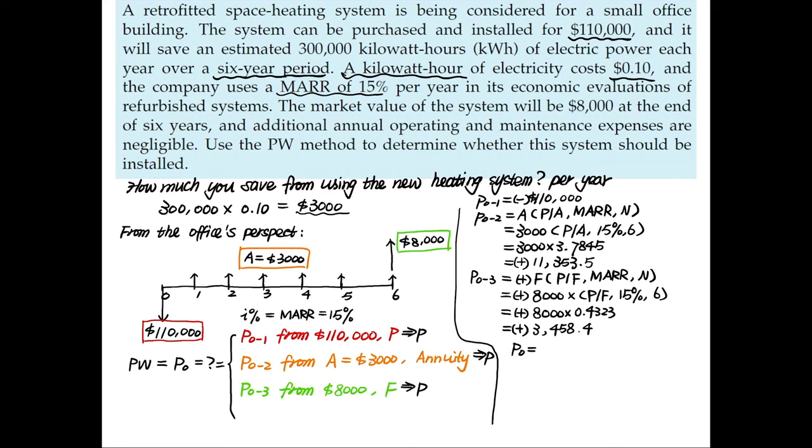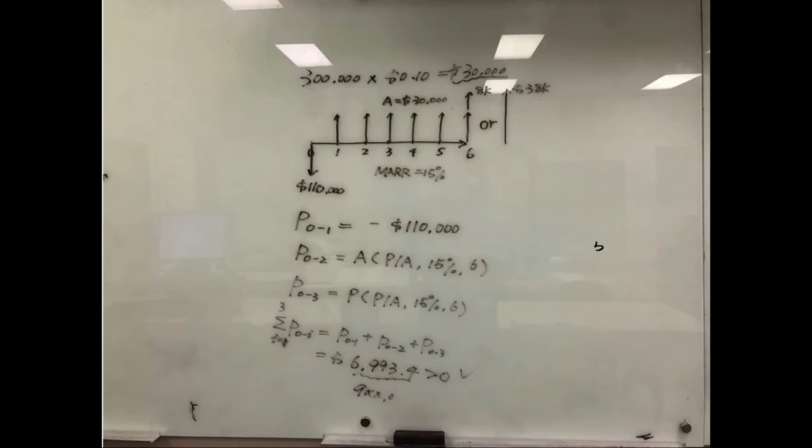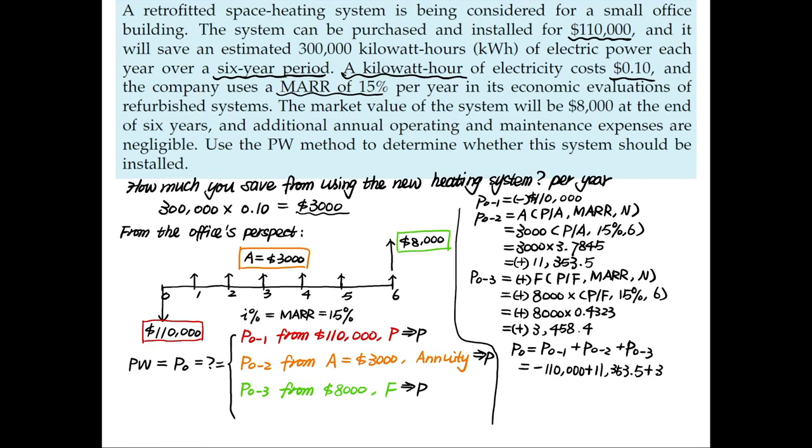So now P0 is the sum of these three parts. The first part is negative. The second part is positive. The third part is positive.